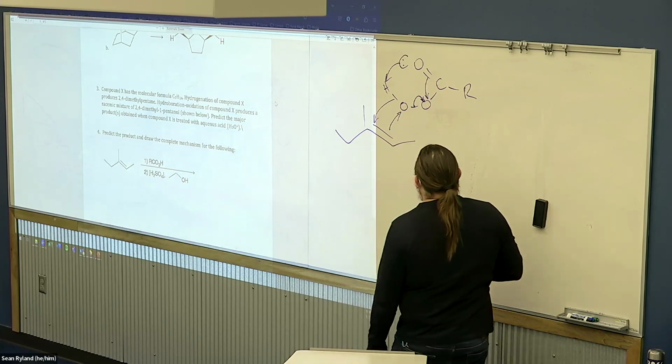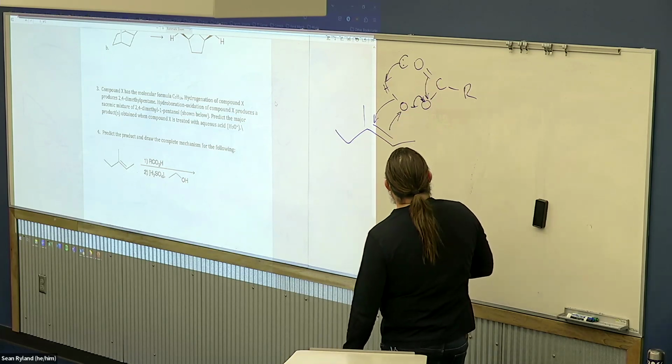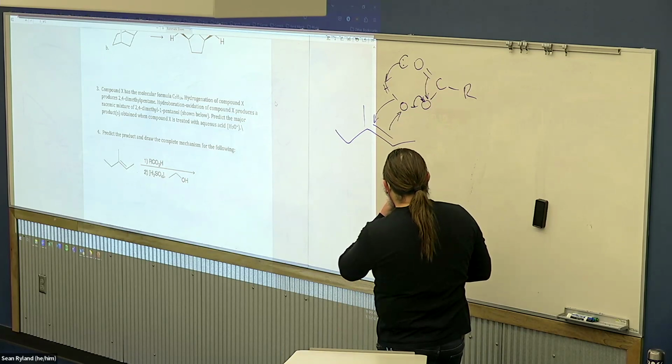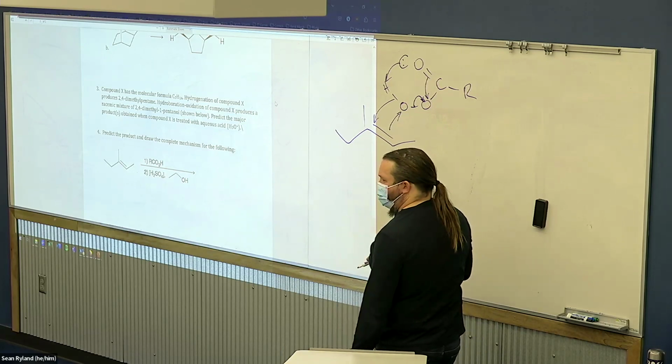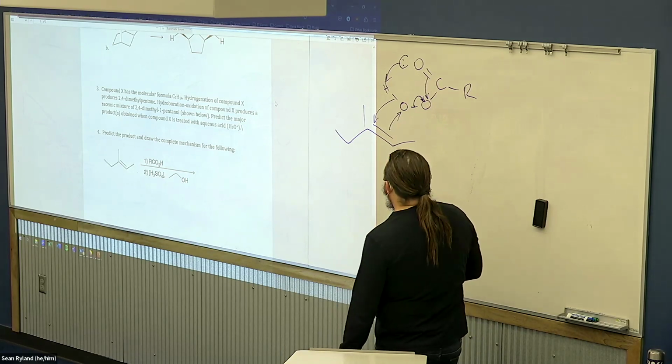So that was a whole bunch of electrons moving at once, and I think I probably threw some of these arrows the opposite way as in the mechanism we actually looked at.